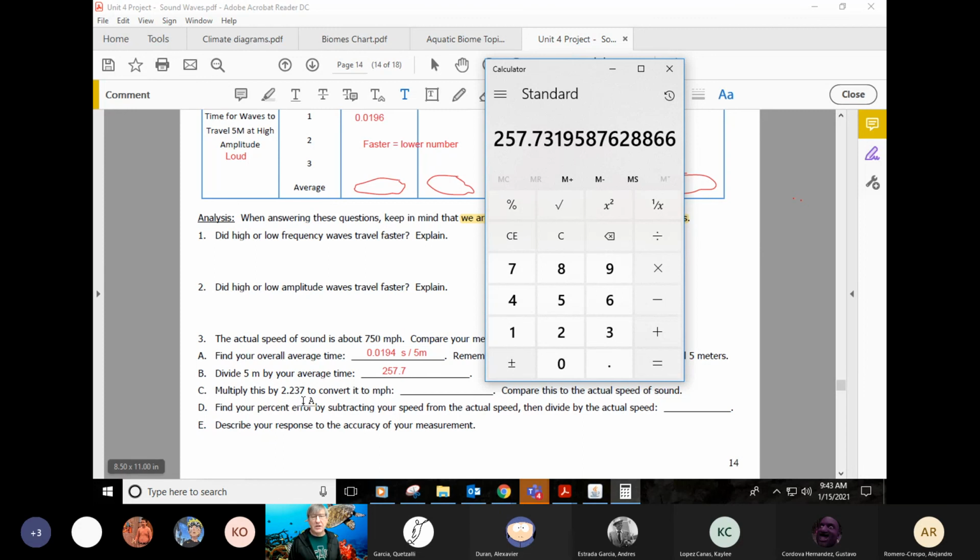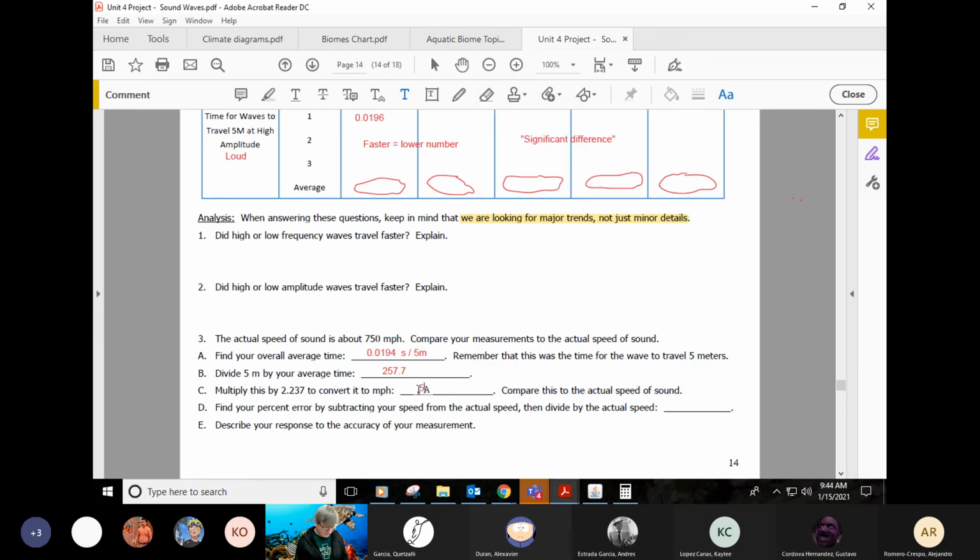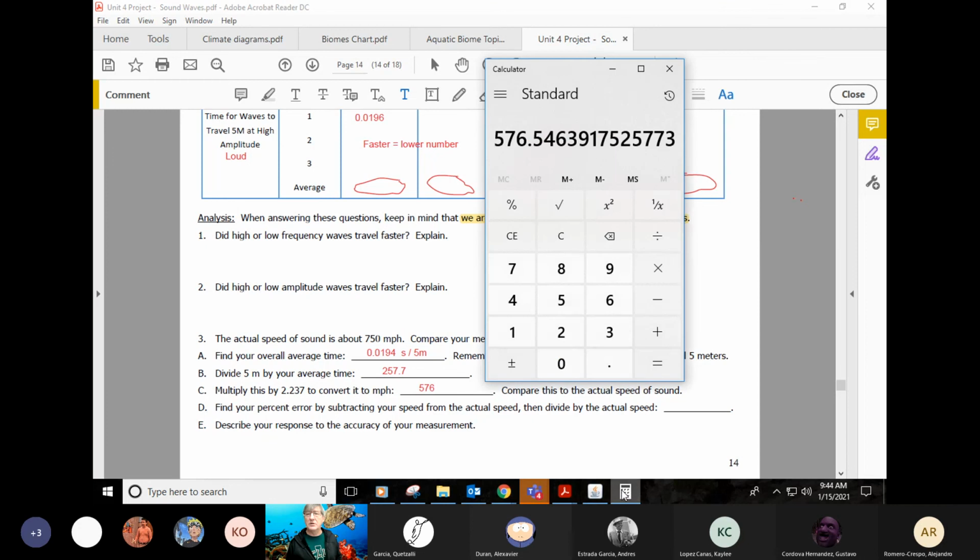It's just like converting feet to inches, you multiply by 12, or inches to centimeters, you multiply by 2.54. In this case, to convert meters per second to miles per hour, we multiply by 2.237, equals, and there's my answer, 576.5 miles per hour.